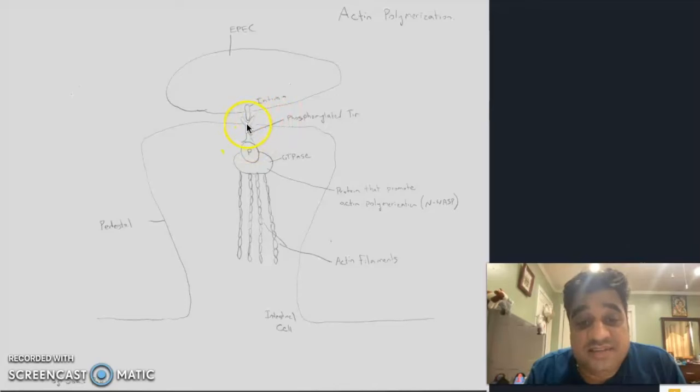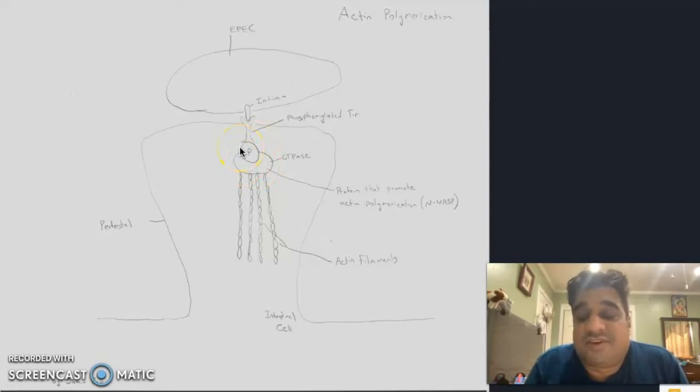Once it binds, the very first thing that happens is our own cells' tyrosine kinases come and phosphorylate the intracellular portion of the TIR. Kinases, that's what they do. They phosphorylate.